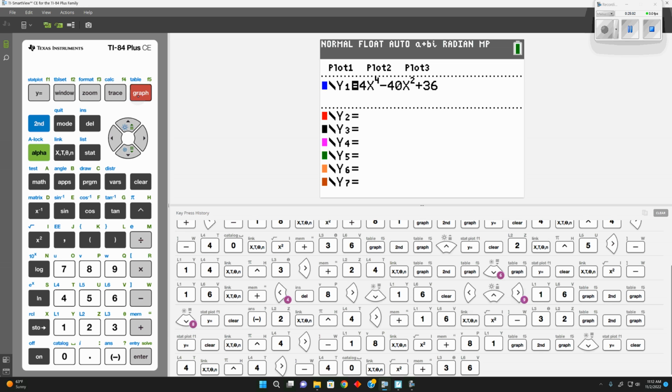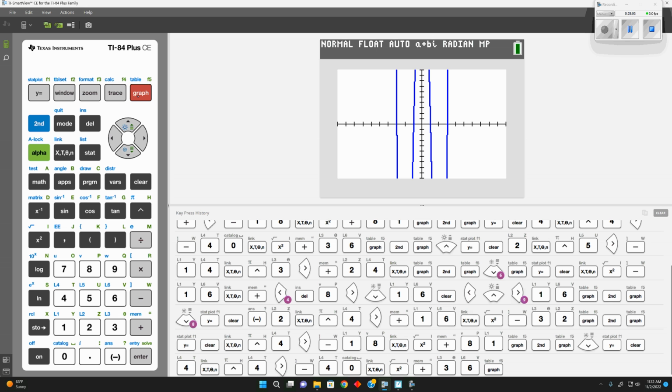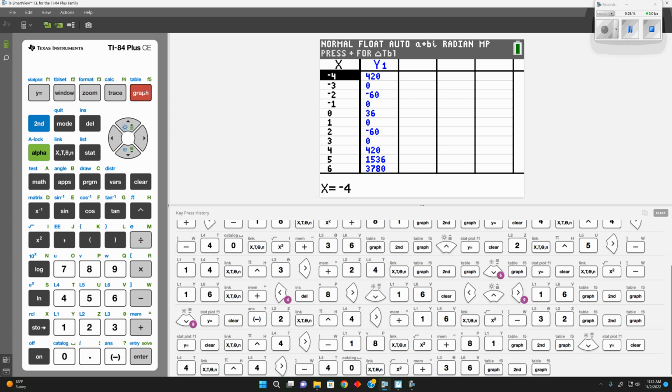And we can hit graph. How many times does it cross the x-axis? So how many solutions do we have? So our 4 solutions are what? Yeah, so -3, and we do have 3, -1 and +1, yes?